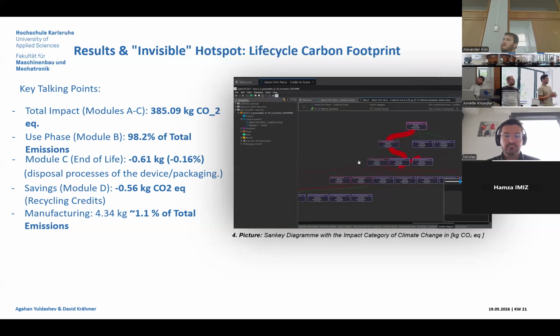Of course, the manufacturing phase is 1.1% of total emissions.